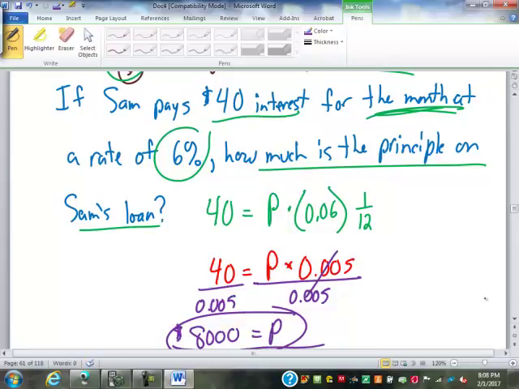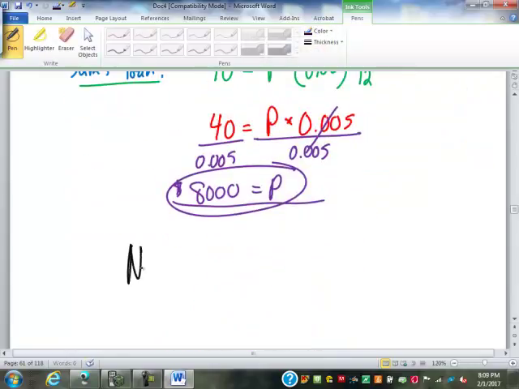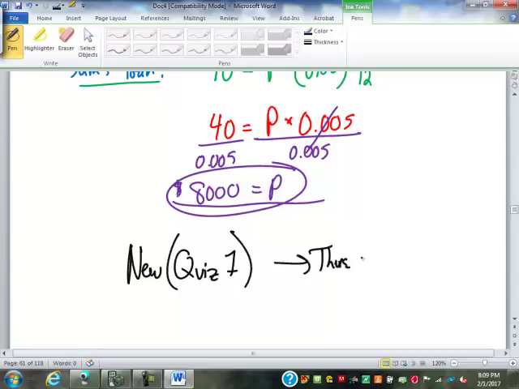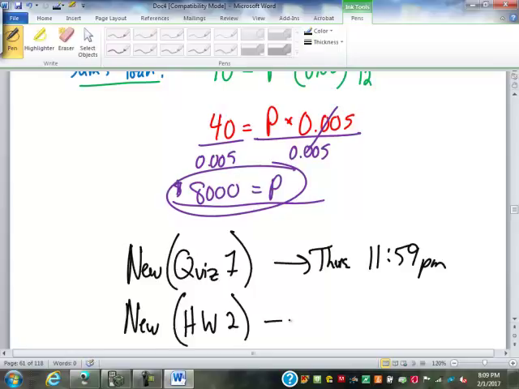Any questions? Have you had enough for one night? Remember, there is a new quiz. That is quiz 1. It is due tomorrow. That is Thursday at 11:59 p.m. There is a new homework. Homework 2 is due next week.